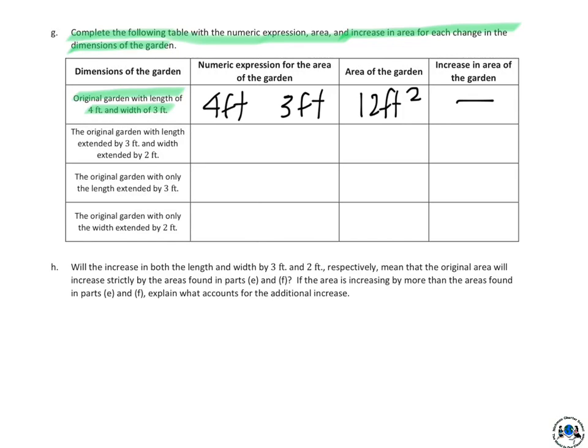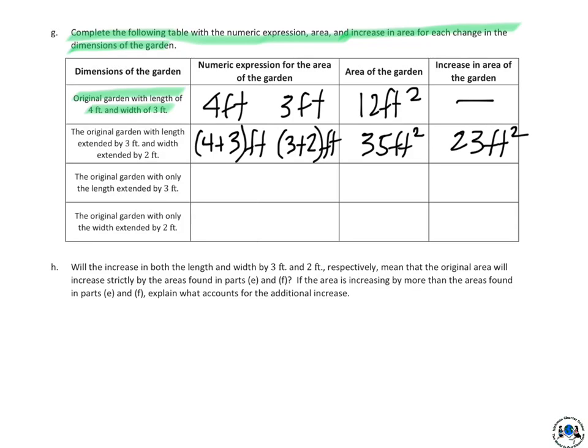Okay, let's go ahead and complete this. It's probably pretty easy, but I just want to show you the way I did it when I put the dimensions here. For the original garden with the length extended by 3 feet and the width extended by 2 feet, I put those in parentheses here. These are parenthetical statements, because I'm adding 3 to the original 4 and 2 to the original 3.